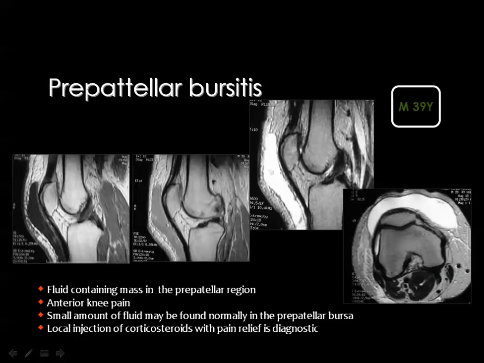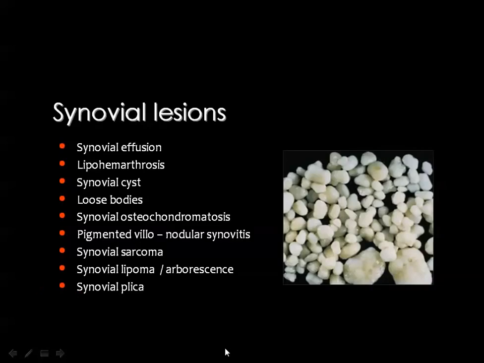This is an example. You see a significant amount of fluid or blue signal in the T1, intermediate signal in the T2, and the proton density high signal in the T2, and you can appreciate it also in the axial image.